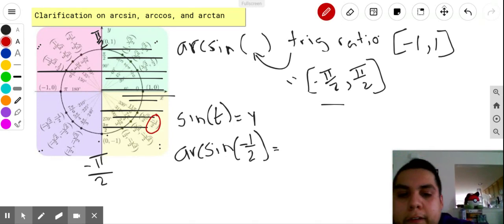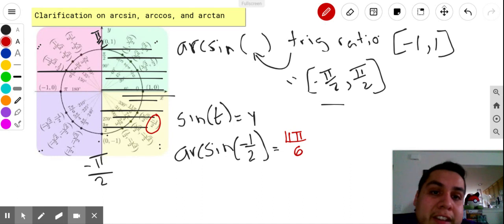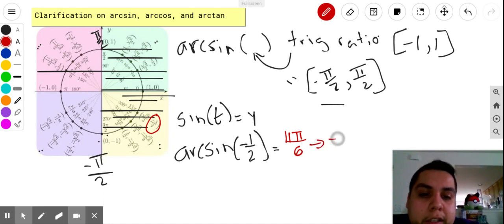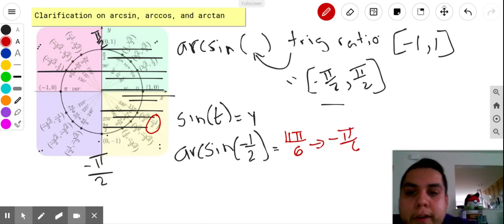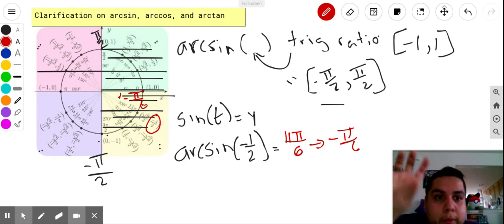That means that I'm looking at 11 pi/6, but that's not in the range, so I think about this as a negative pi over 6, because from here to here, it's negative pi over 6 because it's rotating clockwise pi over 6 radians, aka 30 degrees.